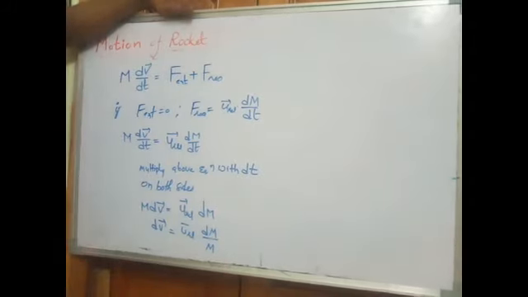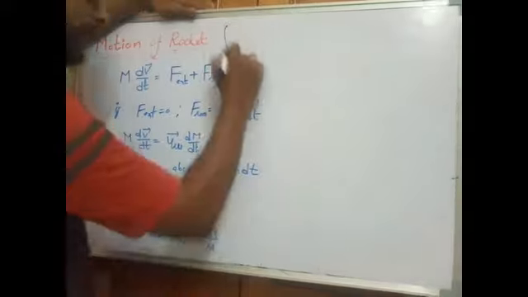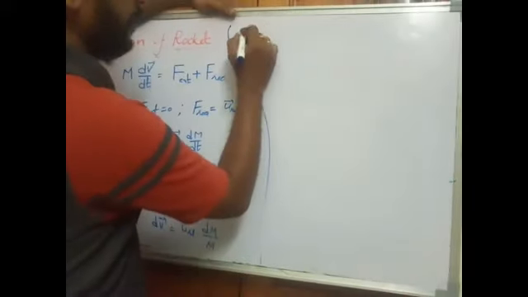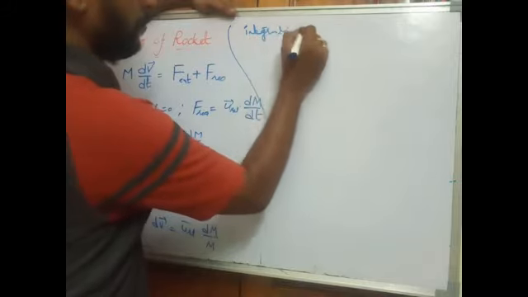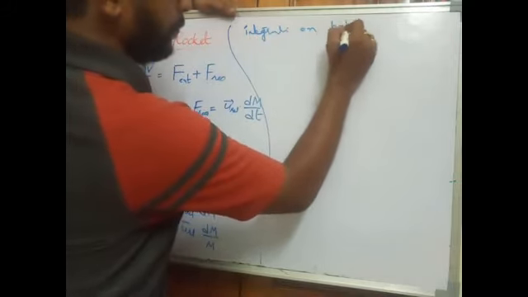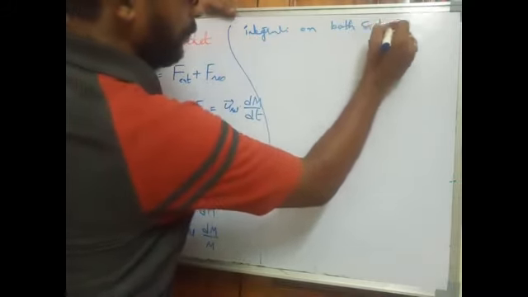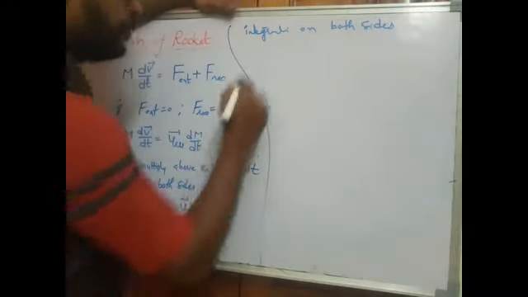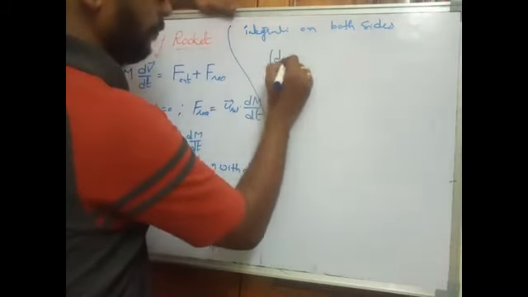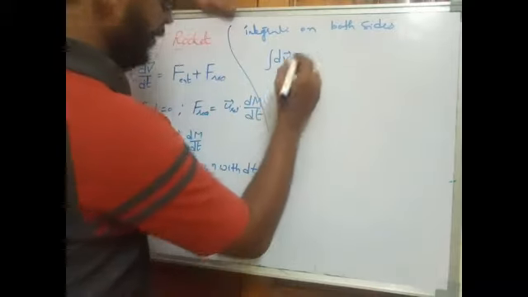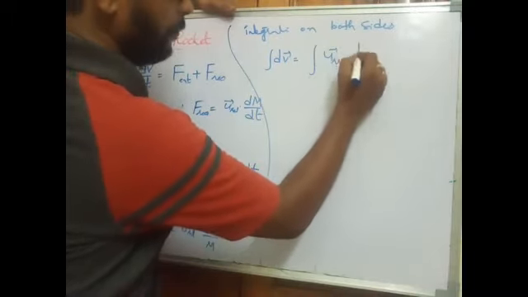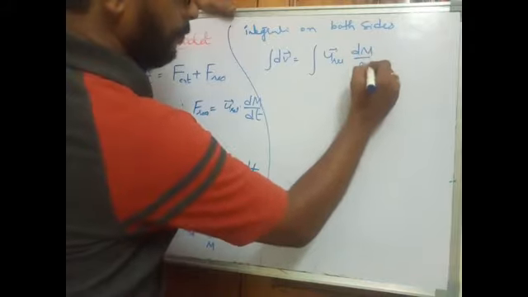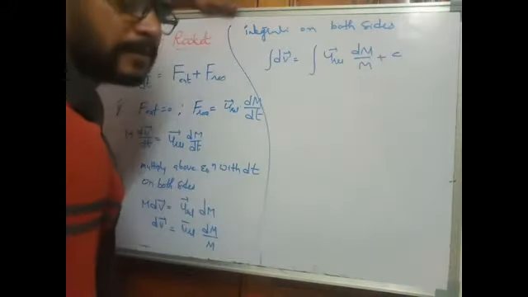Now integrate on both sides. When we integrate on both sides, one constant will be added: integral of u relative into dm by m plus c.